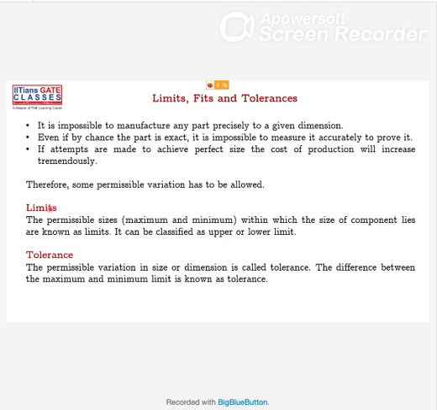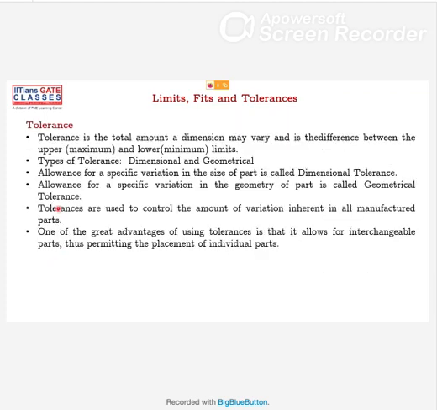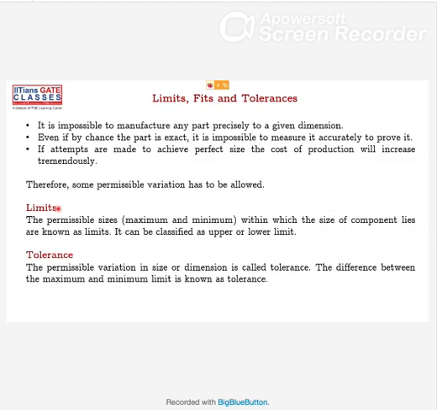So what is the definition of limit? Limits are the permissible sizes, that is maximum and minimum, within which the size of the component lies. It is classified as upper limit and lower limit.